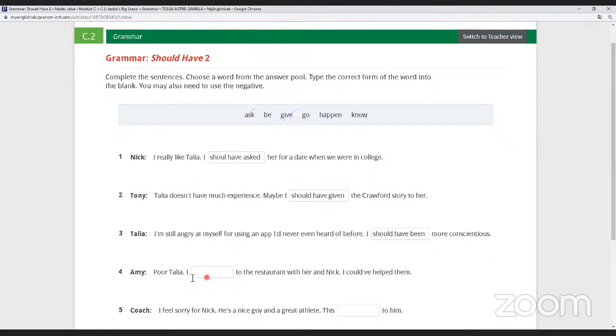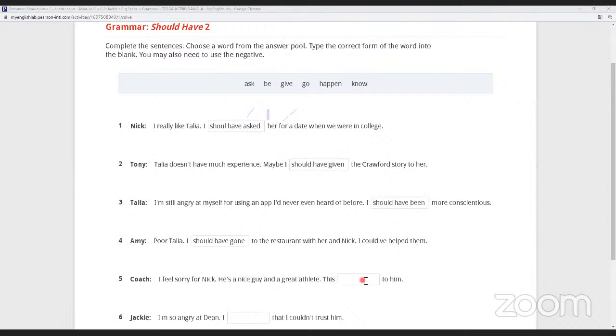Poor Talia. I should have gone to the restaurant with her and Nick. I could help them. I feel sorry for Nick. He's a nice guy and a great athlete.